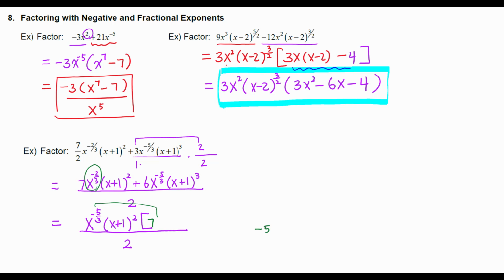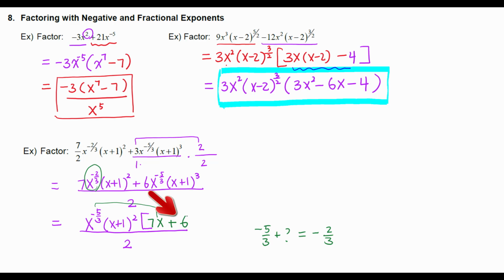So negative 5/3 plus what number gives you negative 2/3? Then you need positive 3/3, right? And positive 3/3 is 1, so it will be just x to the power 1. Beautiful, right?